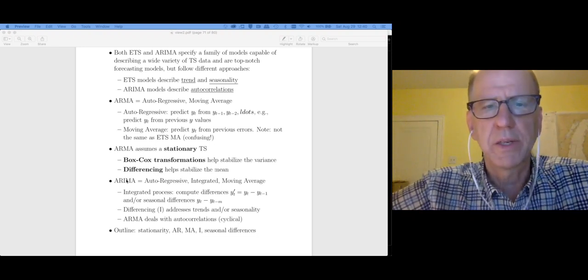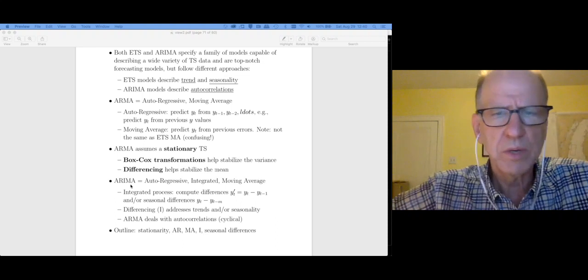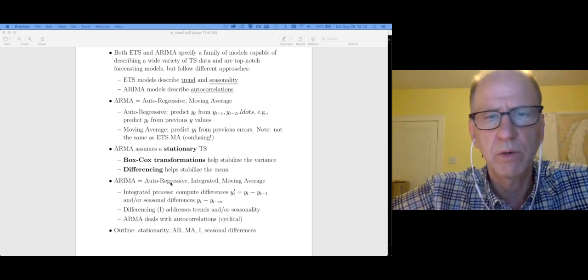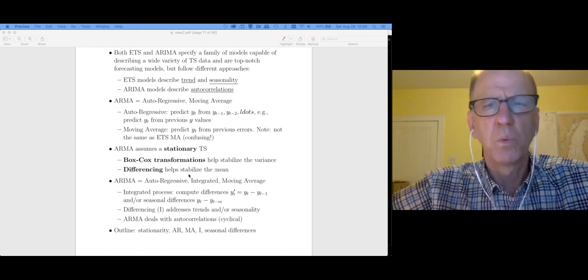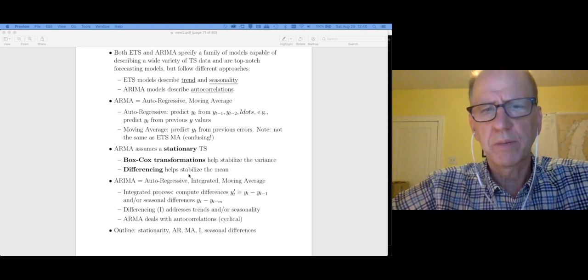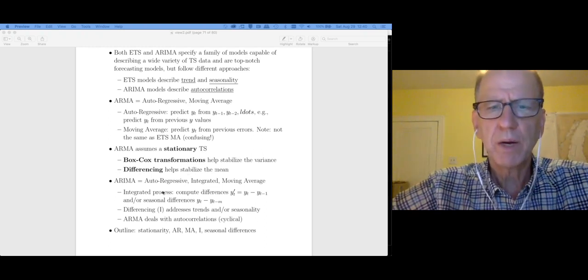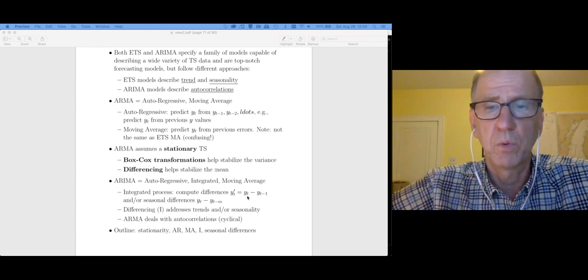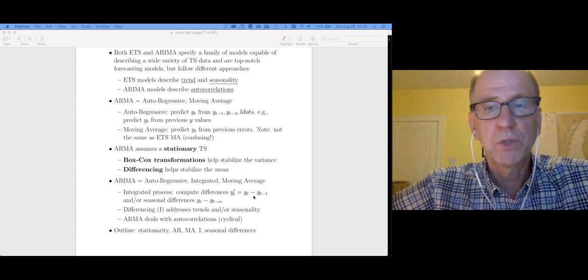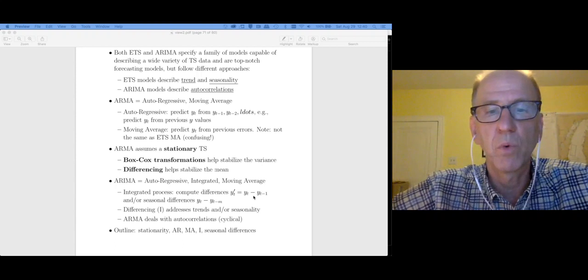This gives rise then to ARIMA. So what does ARIMA stand for? Well, it's autoregressive integrated moving average. So now we have the I in there. What do we mean by an integrated process? What we mean by that is we're simply going to compute differences. We may compute first order differences as we did back in week 1.